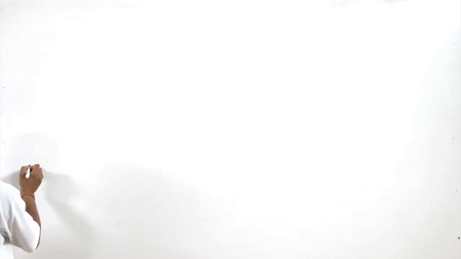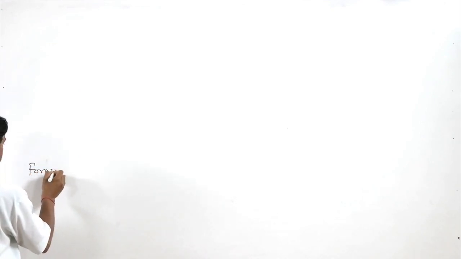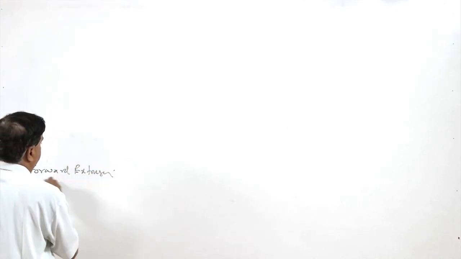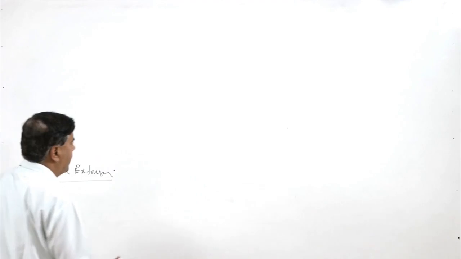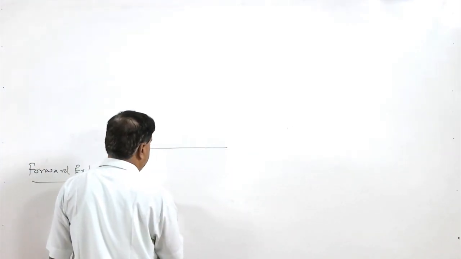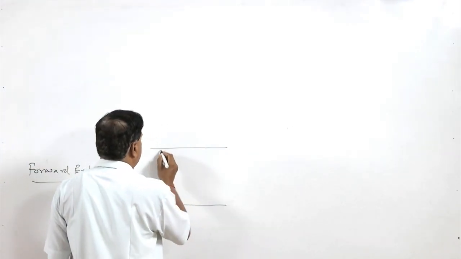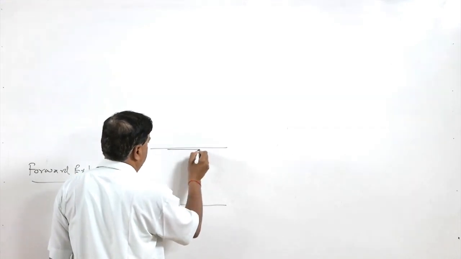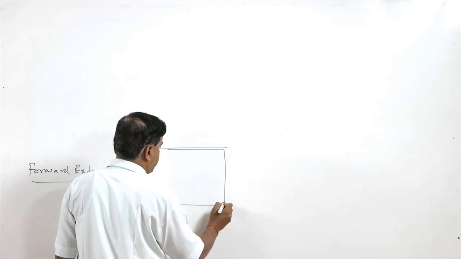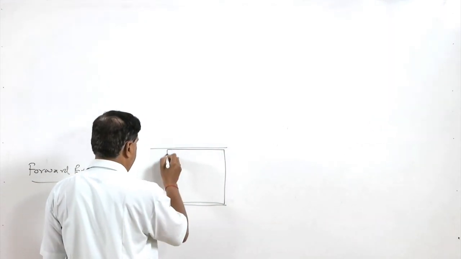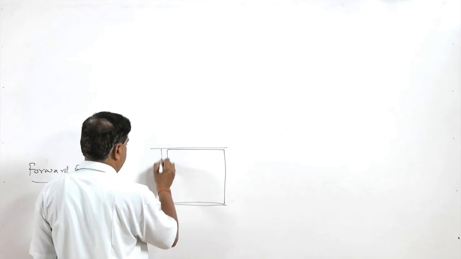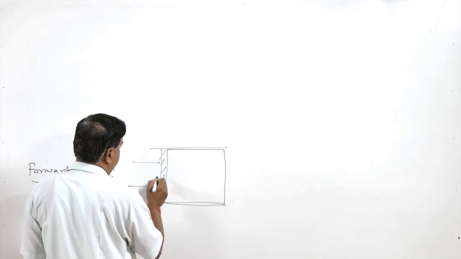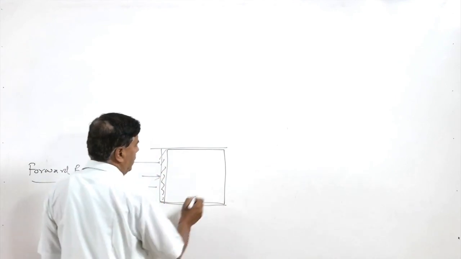Like forward hot extrusion. You know that there is a cylindrical cavity where the hot billet is placed, and the ram applies force onto the dummy block.